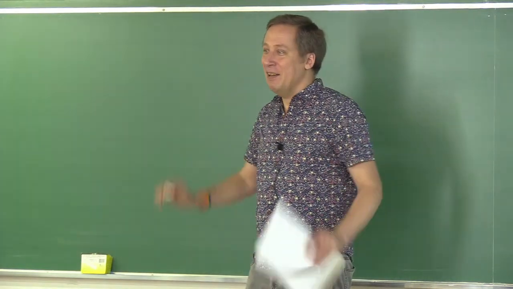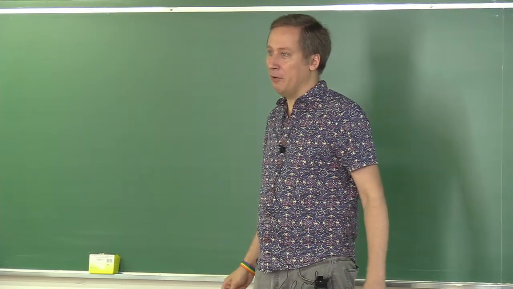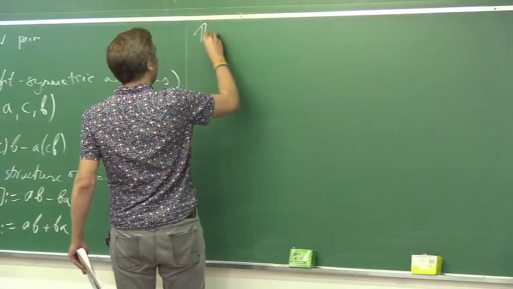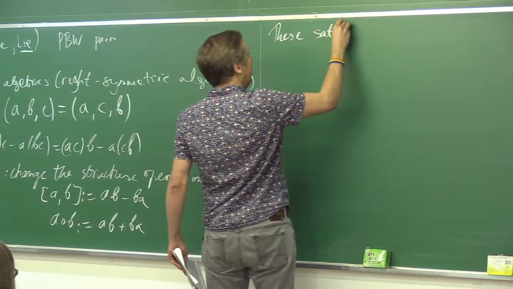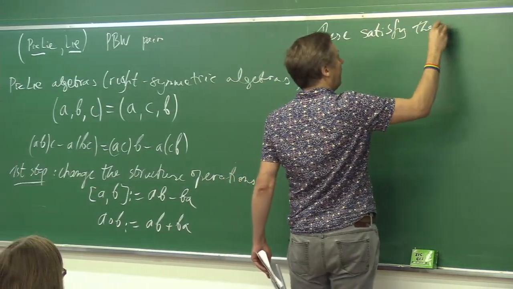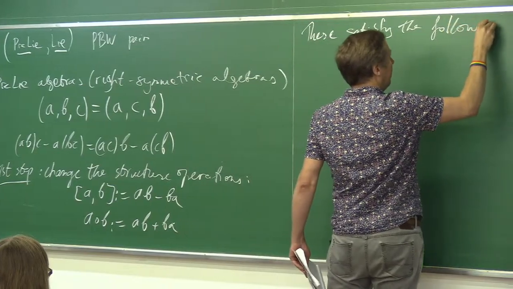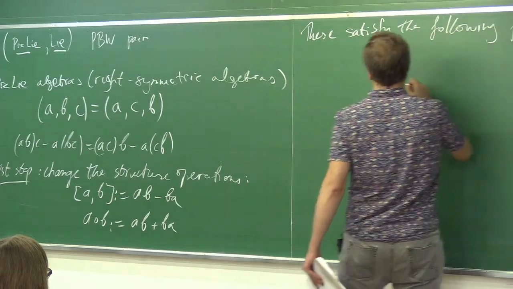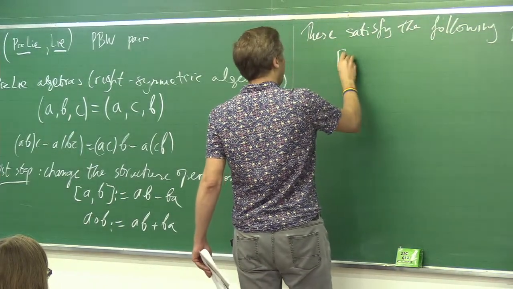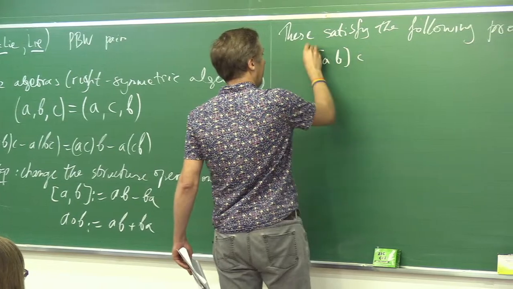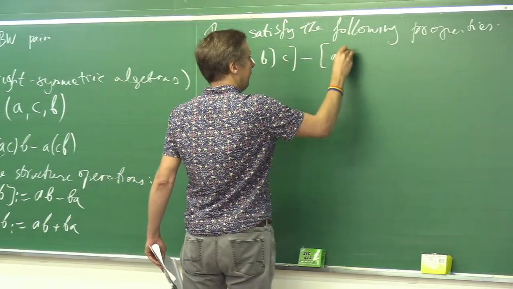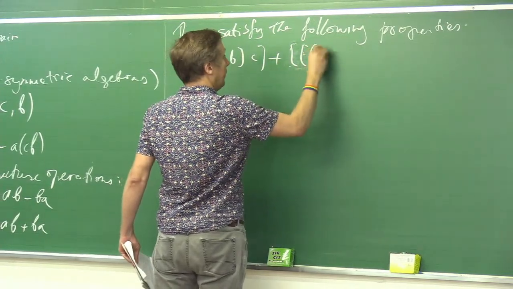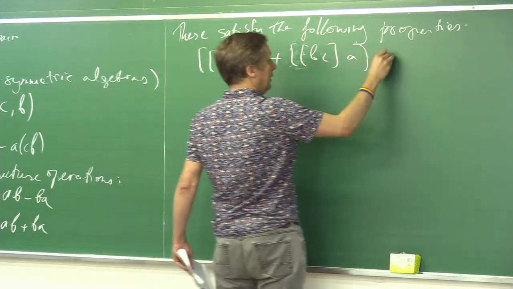We just modified the presentation of the operad, and so these operations satisfy the following properties. Of course, there is the Jacobi identity, which, well, for the moment, let me just write it like this.